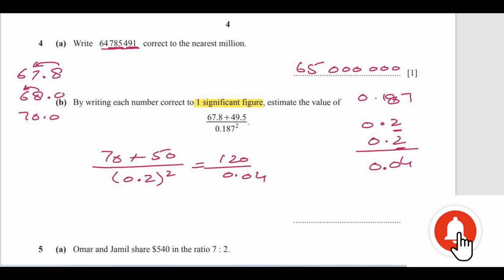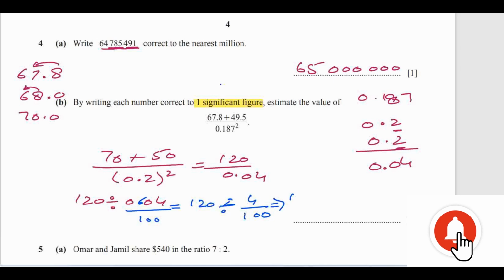Now we can simplify this further like this, 120 divided by, I am doing a few more steps so that you have clarity and there is no confusion. We can write it as 120 divided by 4 over 100, because we are converting the decimal to a fraction so that we can do the calculation without a calculator.